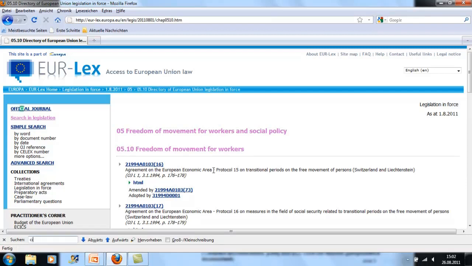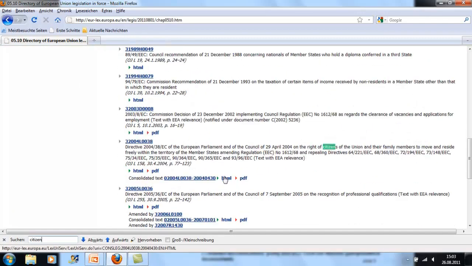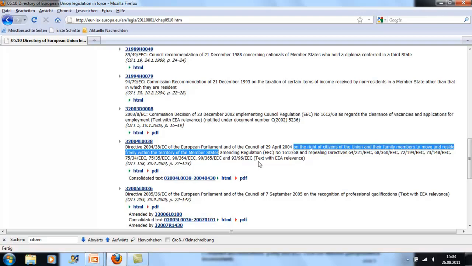If you now search for citizen, then you will find Directive 2004/38 on the right of citizens of the Union and their family members to move and reside freely within the territory of the member states.